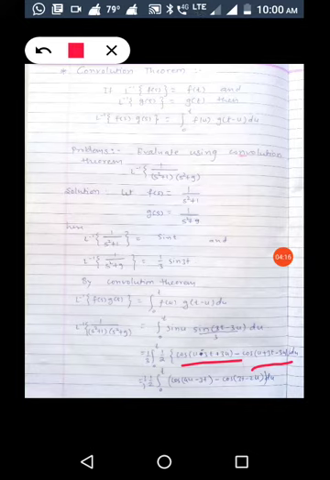Now this 1 upon 2 is a constant, so let me take it outside, and 1 by 3 into 1 by 2 is 1 by 6, integral 0 to t. So cos of u plus 3u is 4u here, minus 3t as it is.